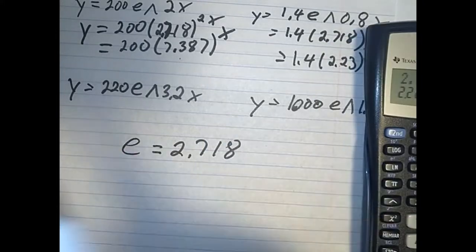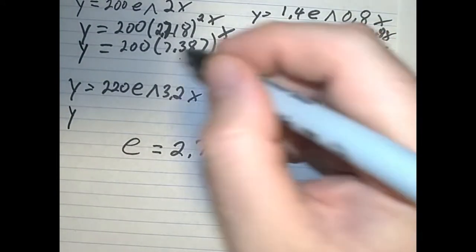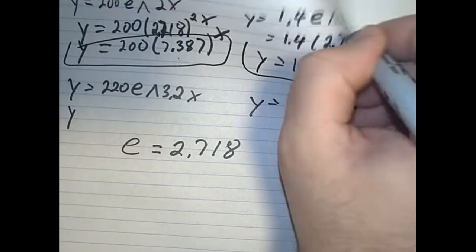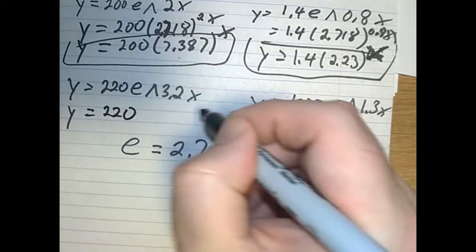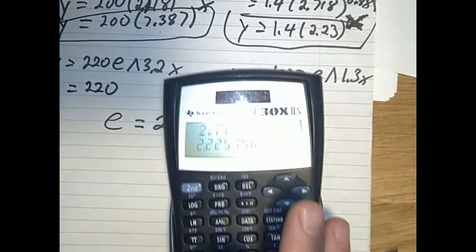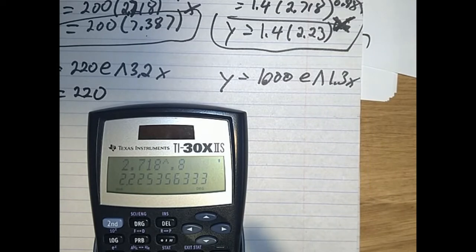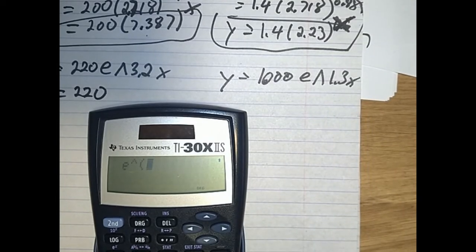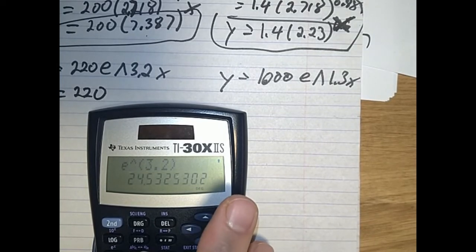Again, you would write 220 as my equation. Here I would write the whole equation and put a box around the top ones. So as my equation, I go 220, and then E. Let's go to my calculator: second E to the 3.2, and I get my answer, 24.53.